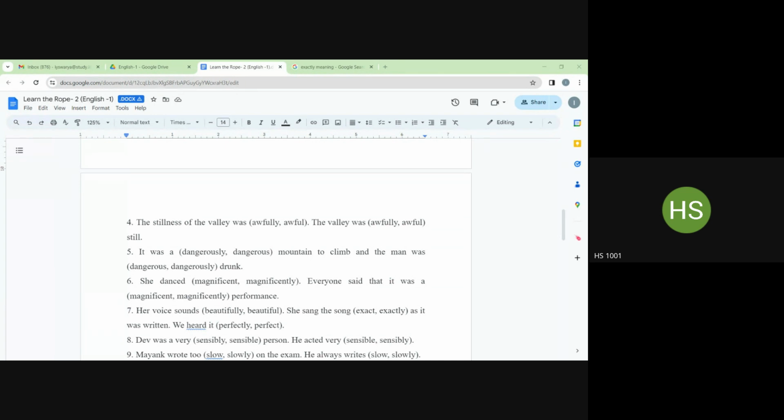Then she sang the song exactly as it was written. Exactly. Now you're talking about how she sang the song. So the moment you have the question how, definitely this is modifying a verb. So exactly. We heard it perfectly. Perfectly, again, because you're modifying the verb heard, right? How did you hear? Perfectly, right?